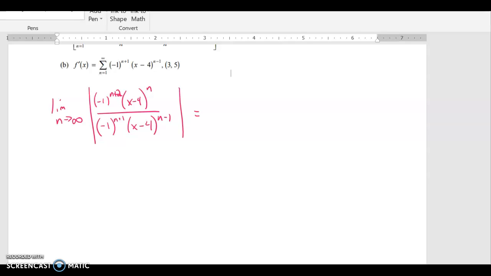So remember we can subtract these. What's n plus 2 minus n plus 1? That should just be 2 minus 1, which is 1. So we get negative 1 without a power. And then we have the same idea here: x minus 4 to the n divided by x minus 4 to the n minus 1 just leaves us with an x minus 4.